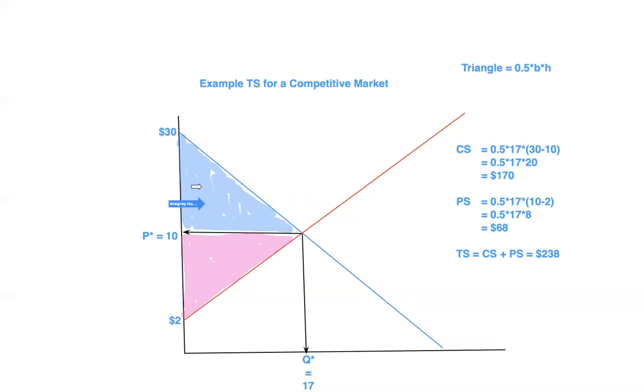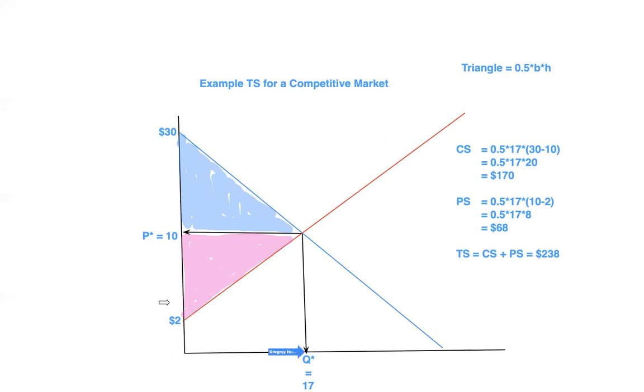But notice, to calculate the area of these triangles, we need to use the triangle area formula, which is 1/2 the base times the height. Well, the base of this triangle is this line here, the arrow. So at a price of 10, you get a quantity of 17. But notice you would measure the length of this base, because it's a horizontal line, by the units on the horizontal axis, which are quantity units.